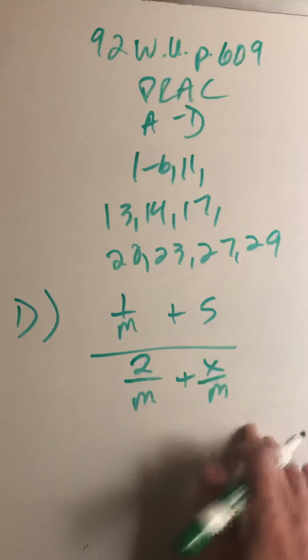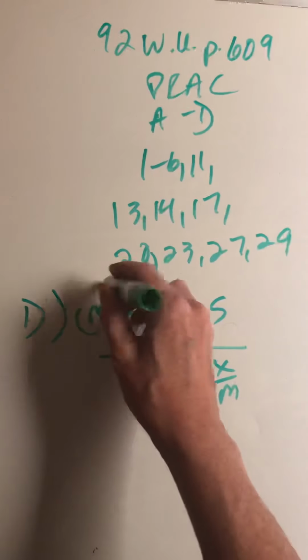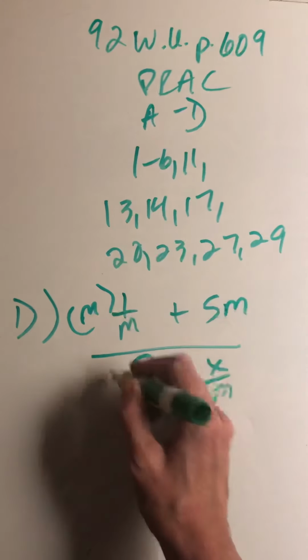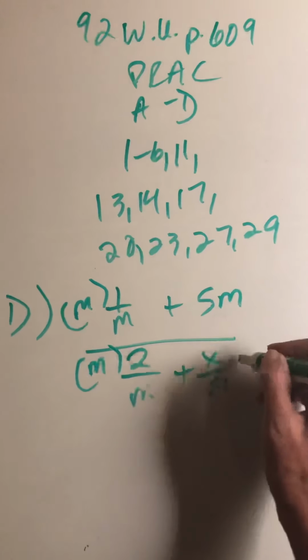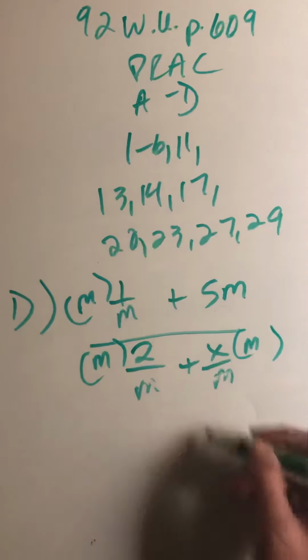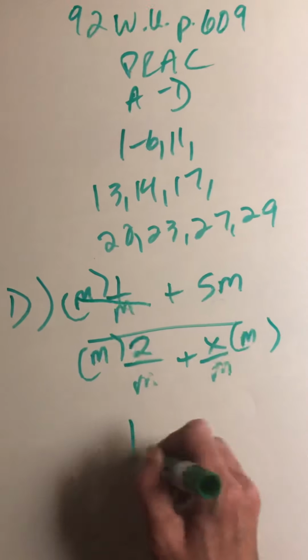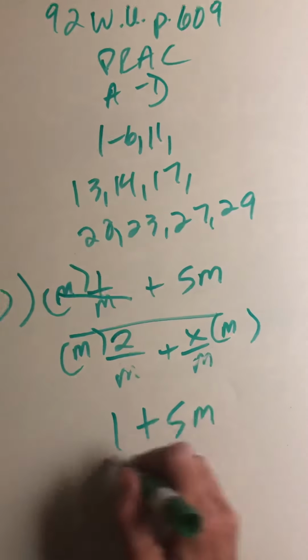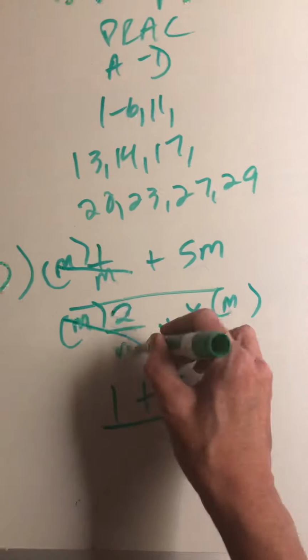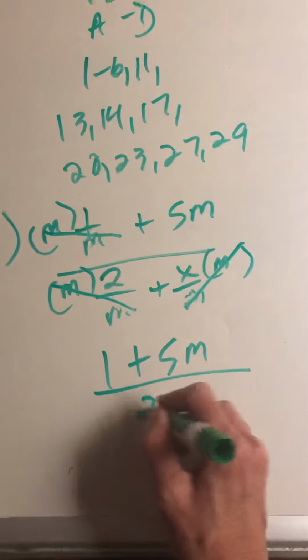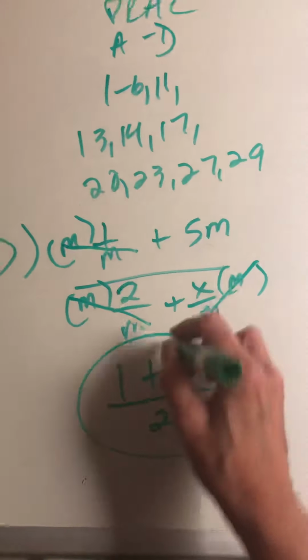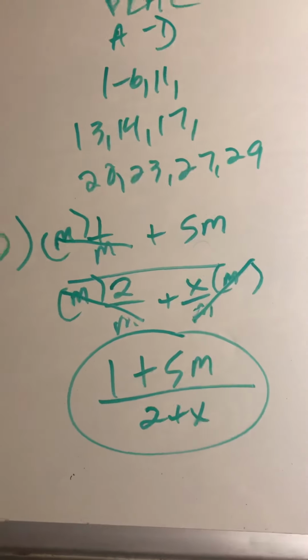It's just m. So you're going to multiply everything by m. You're going to multiply that by m. You're going to multiply that by m. You're going to multiply this one by m and this one by m. So then m's cancel here. I'm left with 1 plus 5n on the top. The m's cancel here and m's cancel here, so I'm left with 2 plus x. So that's the final answer on D, okay?